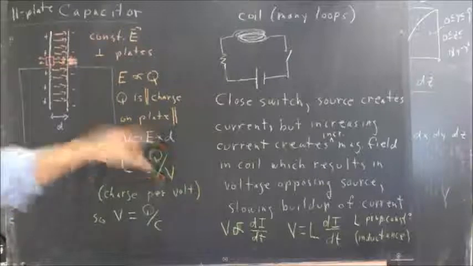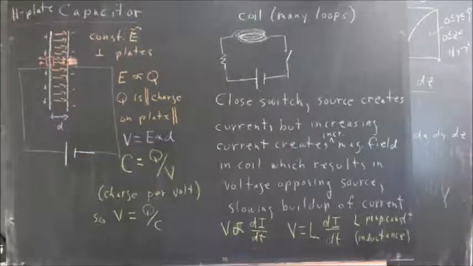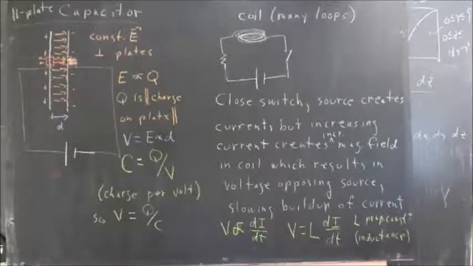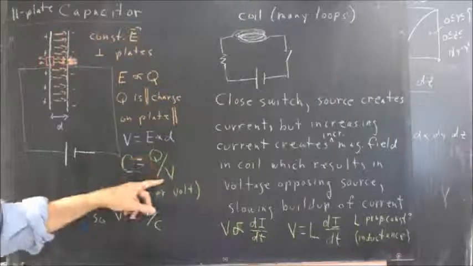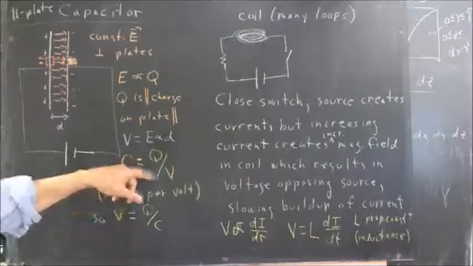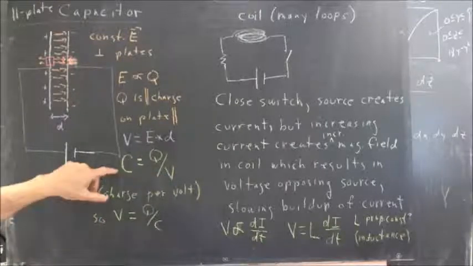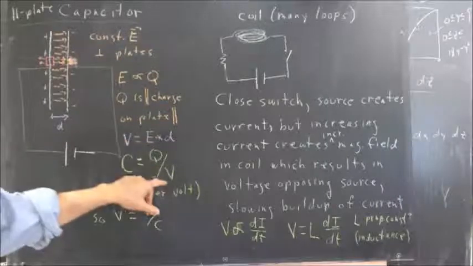So the voltage across this capacitor is just the electric field times the distance. The capacitance of the capacitor is the amount of charge you get per unit of voltage, per unit of potential difference, and I'll just use voltage. So it's charge over voltage. So a bigger capacitance will hold more charge for a given voltage.